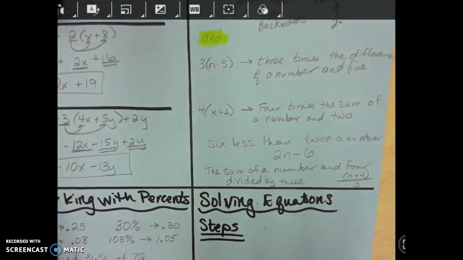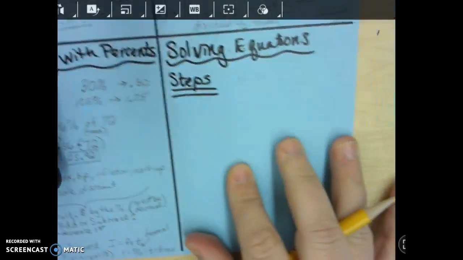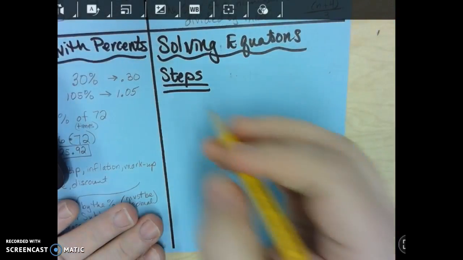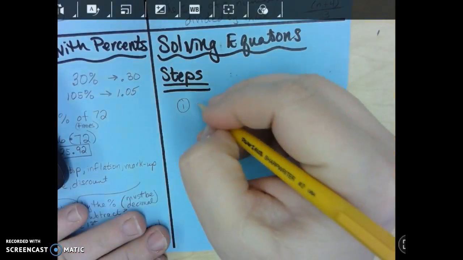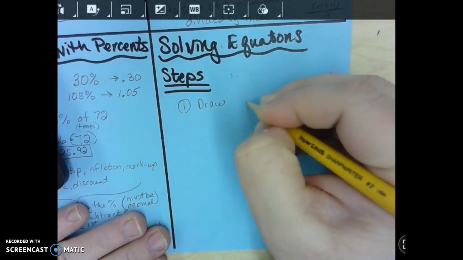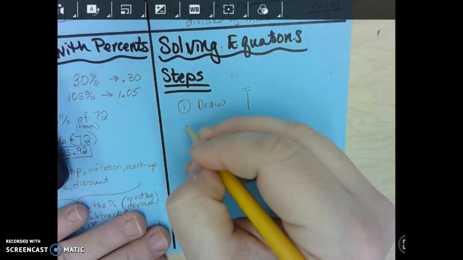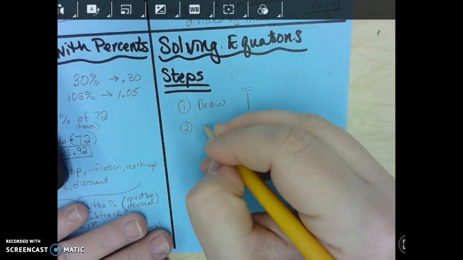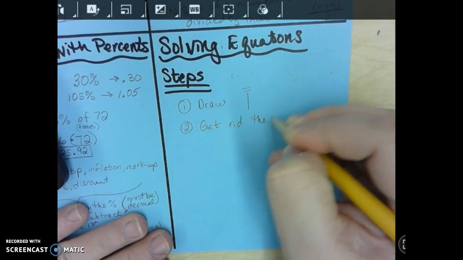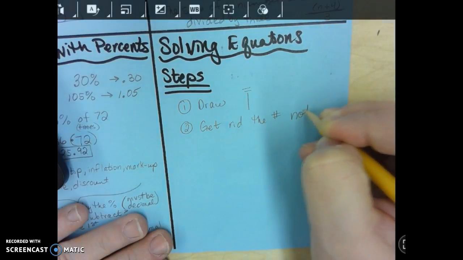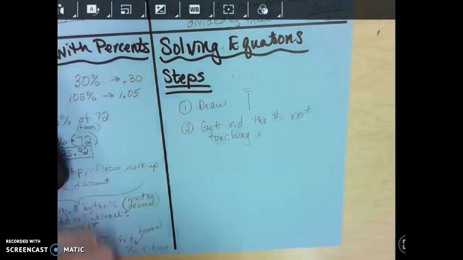And then our next one today is solving equations. And so we didn't get as far as I was hoping, but that's okay. So the first step is you're going to draw your line down. Draw a line. And then what you're going to do is get rid of the number not touching the x.